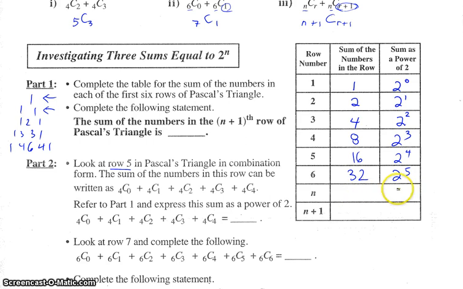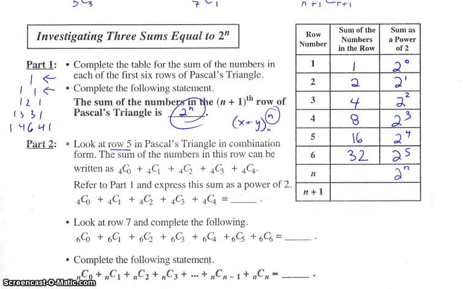So this would be basically 2 to the n if you're doing the sum of the coefficients. So the sum of the numbers in the n plus 1 row is 2 to the n. That's the important thing you need to remember, where n is the exponent on your binomial.